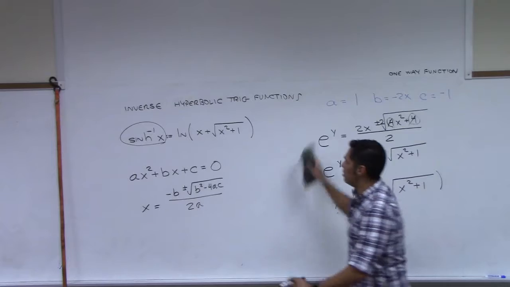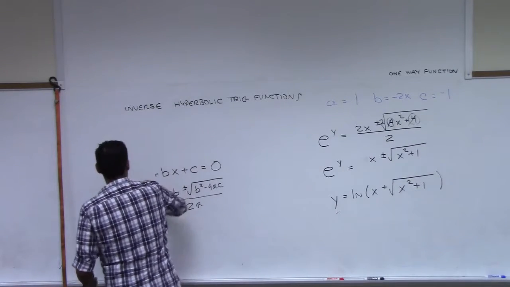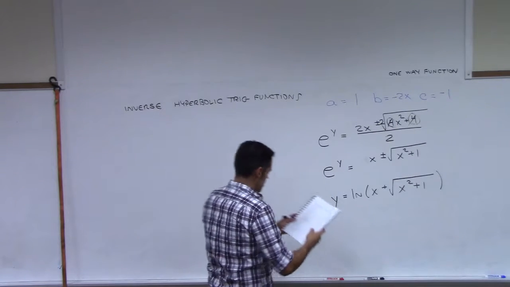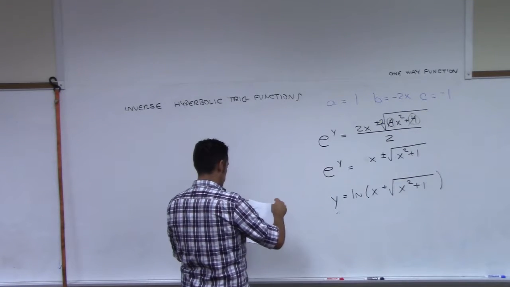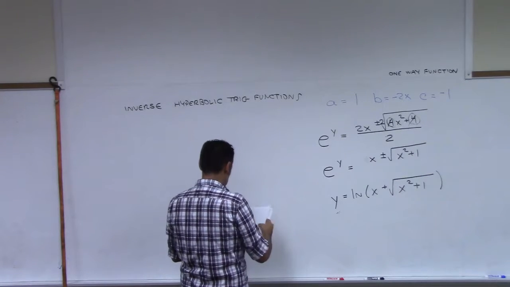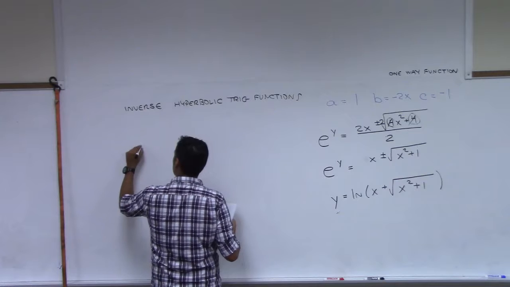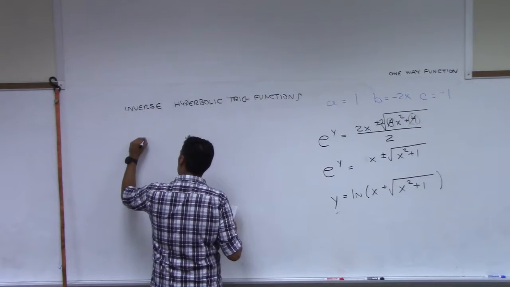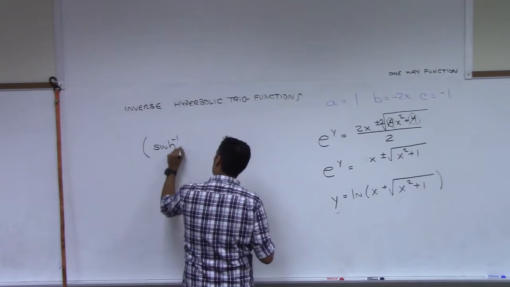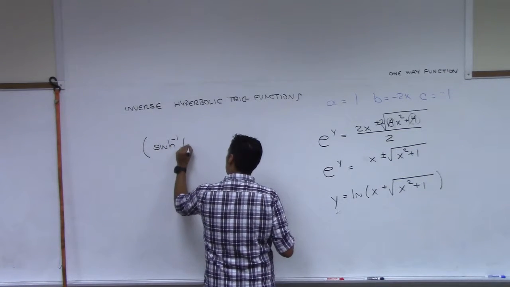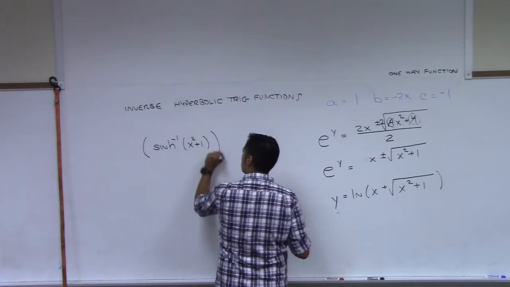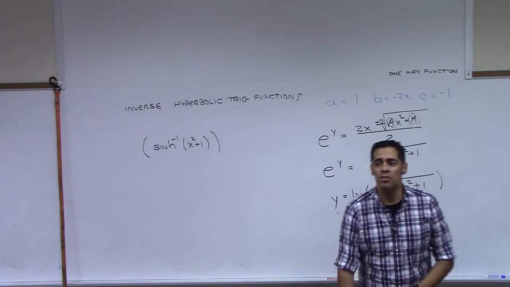So if someone were to, on your homework, let's say, ask you to find the derivative of sine hyperbolic inverse of x squared plus 1, then how would you find that derivative?